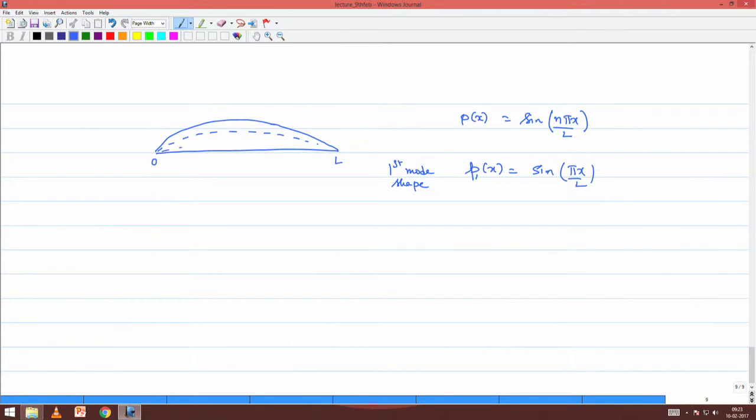So, this is how the profile will change. It will wax and wane, but the shape of this acoustic pressure profile will remain the same, right. It will not change with time, right.